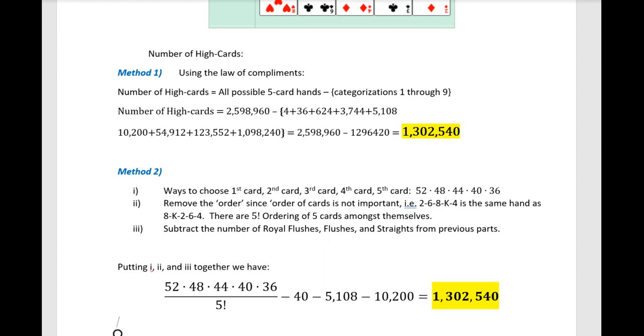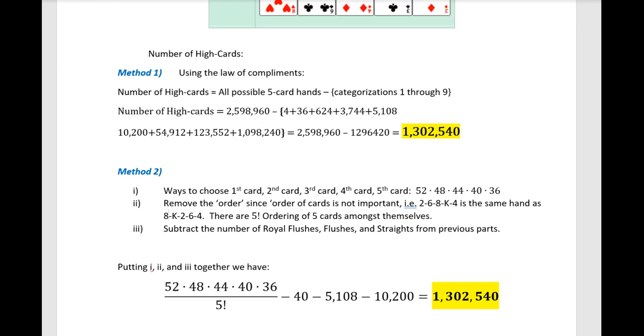So in my second step, the 2 that you're looking at is the same 2. It's exactly the same hand. But if you rearrange the cards, it doesn't change the nature of that hand. So that's why we need to remove the ordering from it. With 5 cards, there are 5 factorial ways you can rearrange them, put them in order.